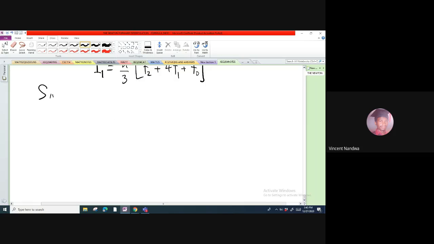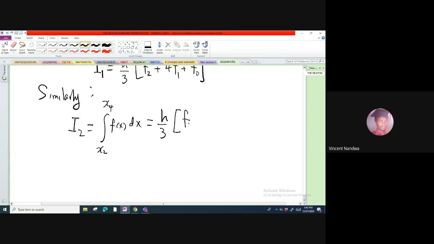Similarly, I2 will be given by the integral from x2 to x4 of f of x dx, which will be given by h over 3 into f2 plus 4 f3 plus f4.